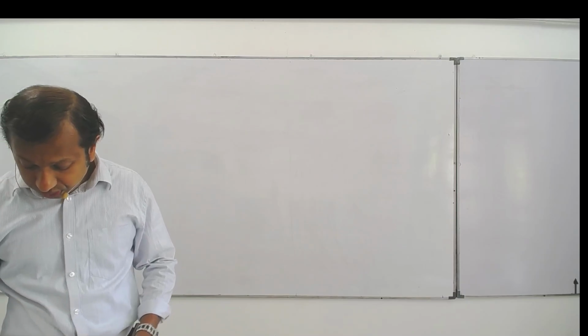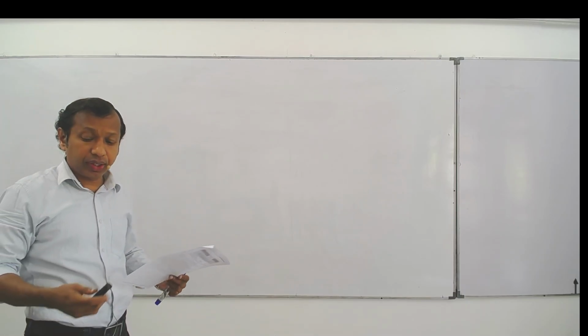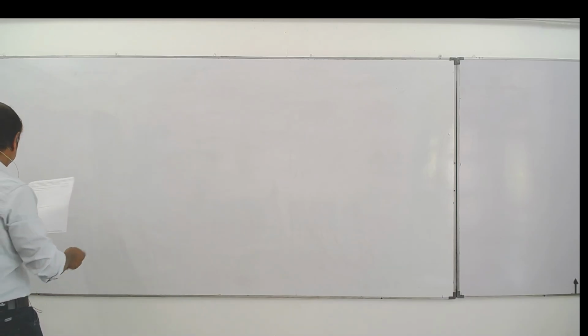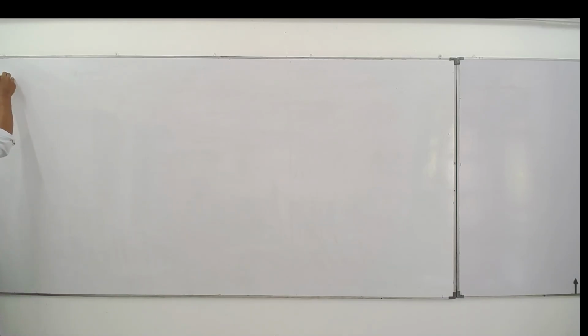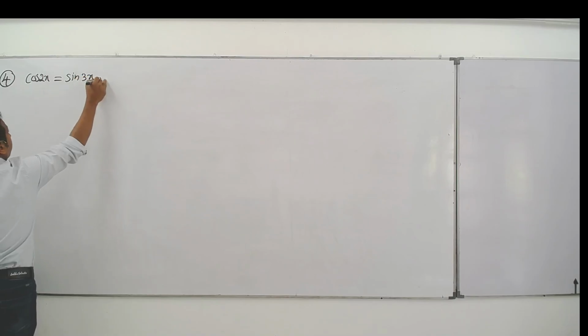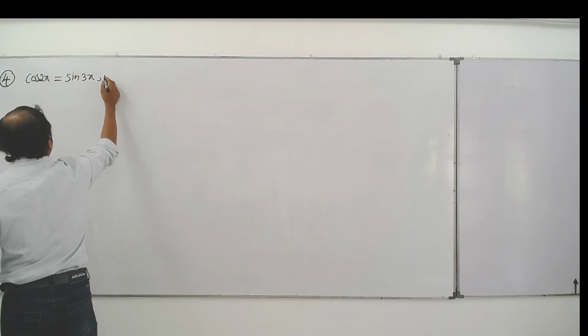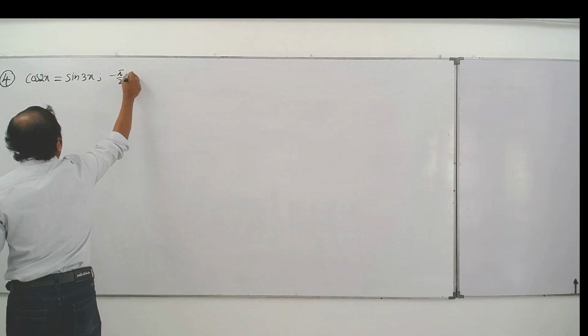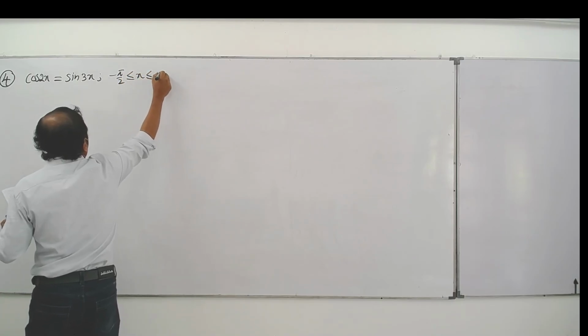Solve cos 2x equals sin 3x in the range minus pi by 2 to plus pi by 2. Asking to solve this in the interval minus pi by 2 to x to plus pi by 2, right?